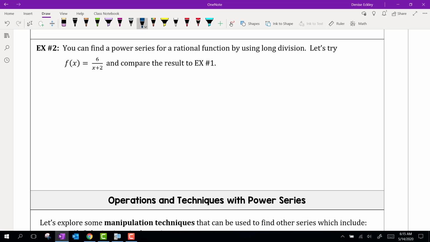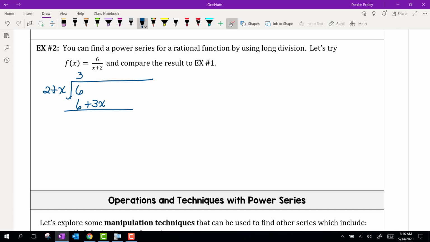So we're going to take 2 plus x, and we're going to divide it into 6. The first term we can put up there is 3. So we're going to do 6 plus 3x.